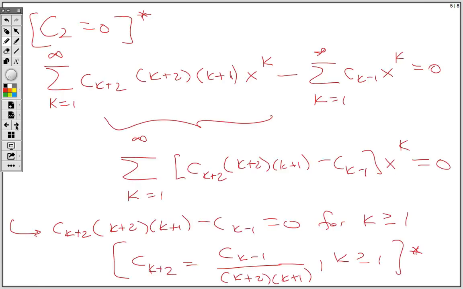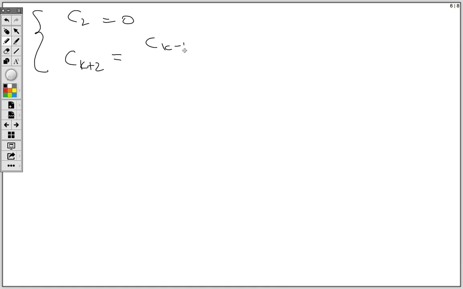So we've got the following recurrence relation then. I've got c2 equals 0, and c_{k+2} equals c_{k-1} over (k+2)(k+1) for k bigger than or equal to 1. So let's start iterating on this. I plug k equals 1 into it.